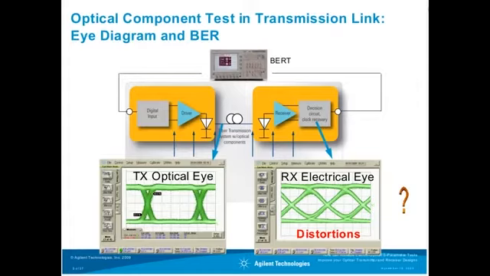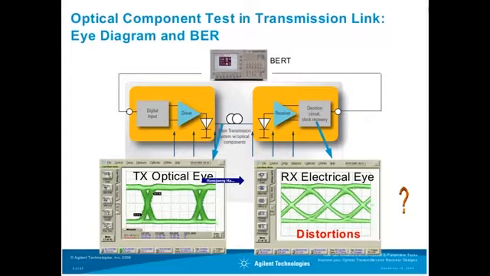Here, for instance, is a nice example, and I will come back to it at a later stage in the presentation. You have a very nice and clear optical eye. This is a 5 gig eye with a very nice extinction ratio, clearly open. But when you see the eye at the output of your receiver, it's distorted. The question is, where do these distortions come from? There's an eye closure, and it is not caused by noise.